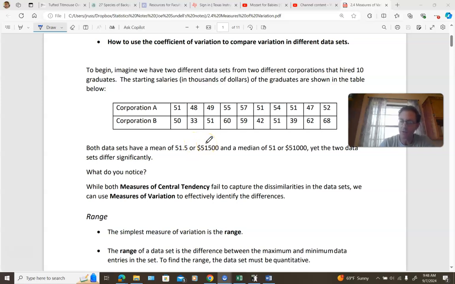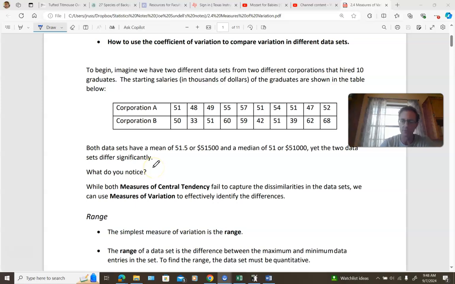So that's the average starting salary from both of these corporations. That is very interesting because the data for each corporation is different, yet the mean is exactly the same. And then the median is also the same, it's 51,000. And like I said, the data sets differ significantly.